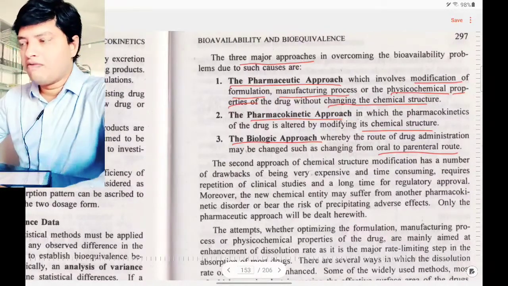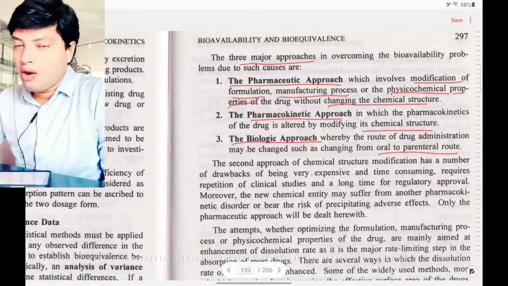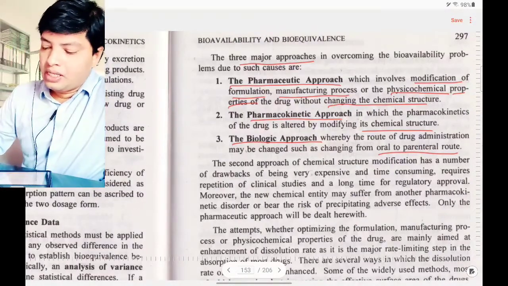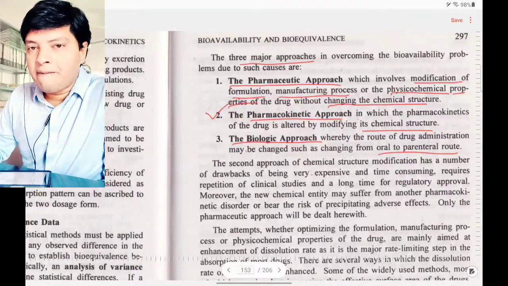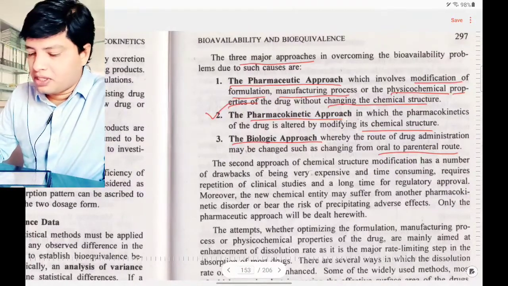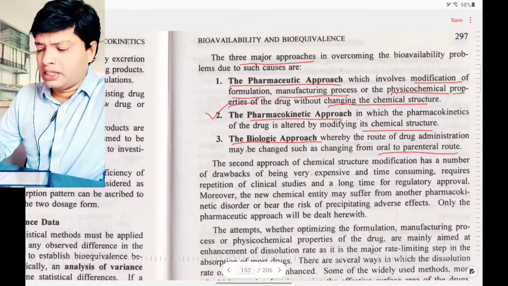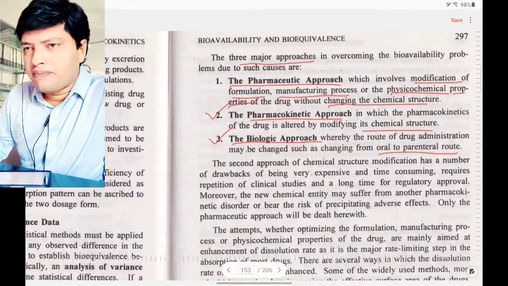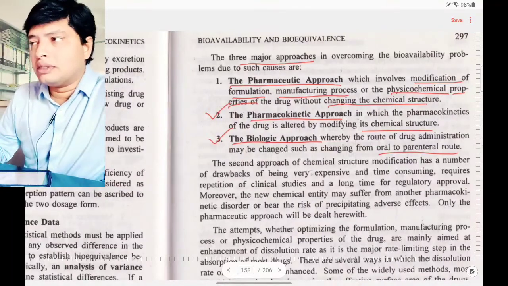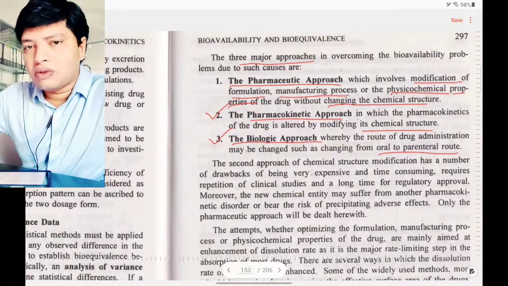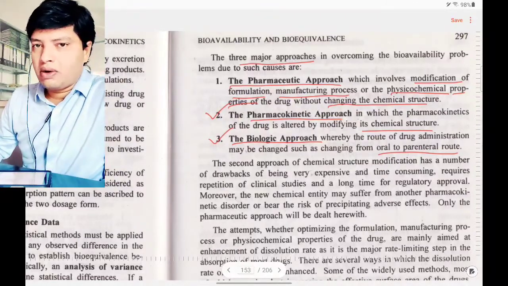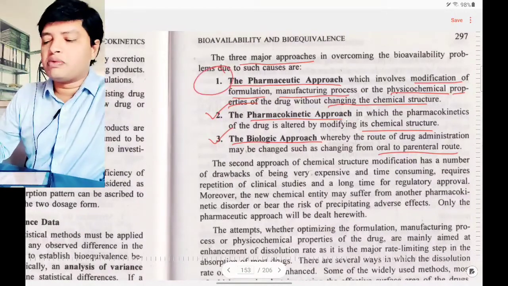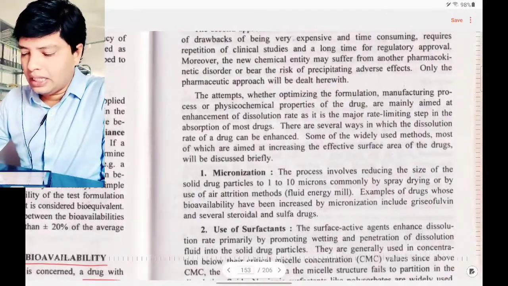Now, among these three approaches, the pharmacokinetic approach is not the most preferable because it requires structural modification of the drug, so we are not going to concentrate on it. Regarding the biological approach, if the preferred route of administration is oral, you can't give all drugs systemically. So we will concentrate more on the pharmaceutic approach in this lecture.